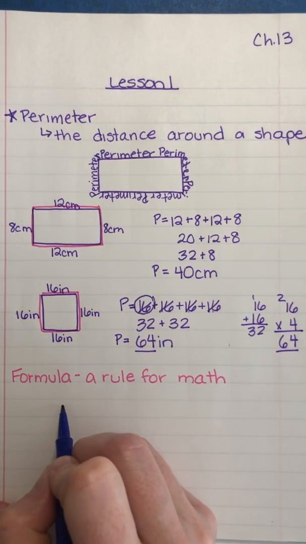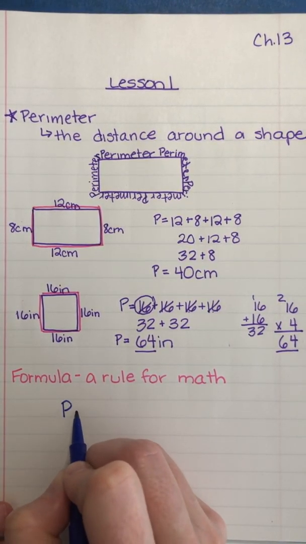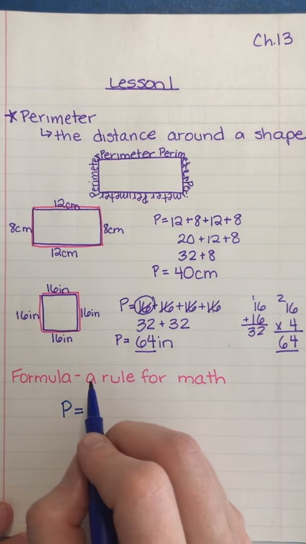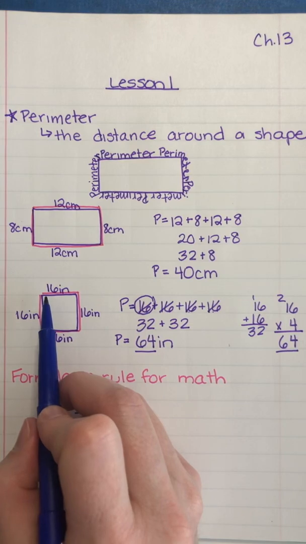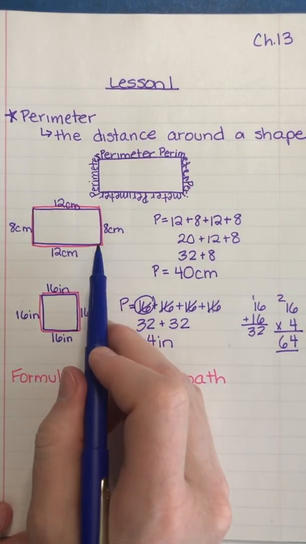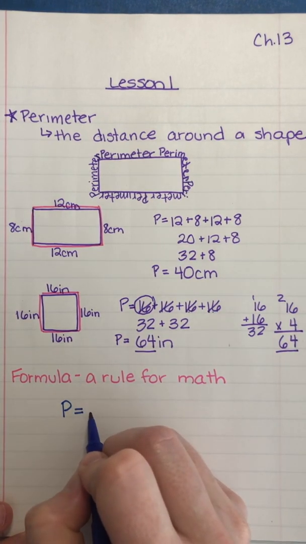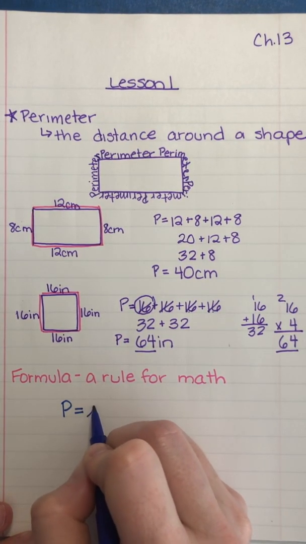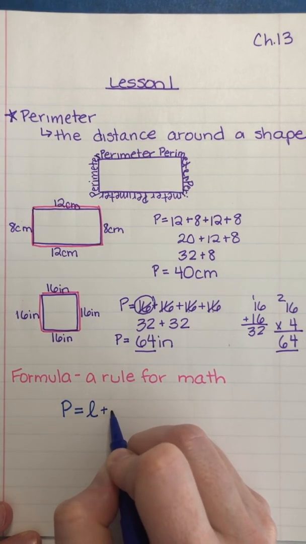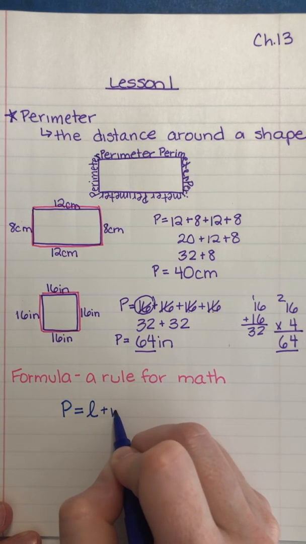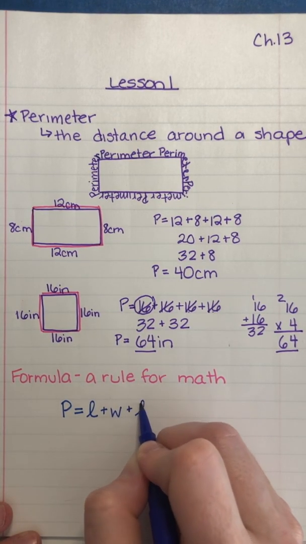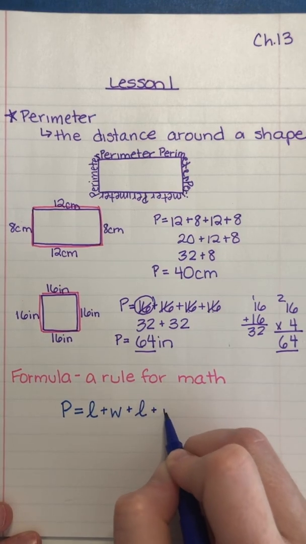So our formula would be, I would start with a capital P because that stands for perimeter. And so perimeter equals, now if you remember, a square and a rectangle, they have a length and they have a width. So my perimeter would be equal to, and we use a cursive L, length plus width, which is your W, plus length plus width.